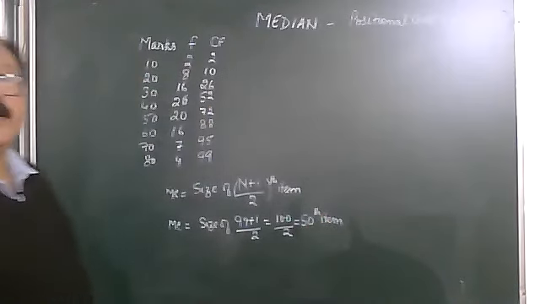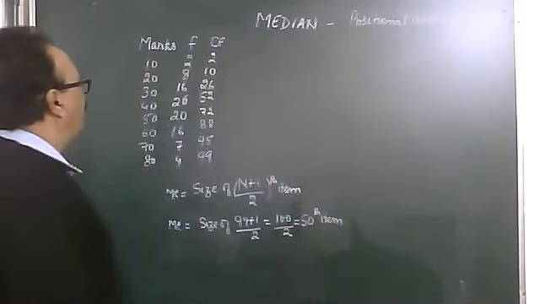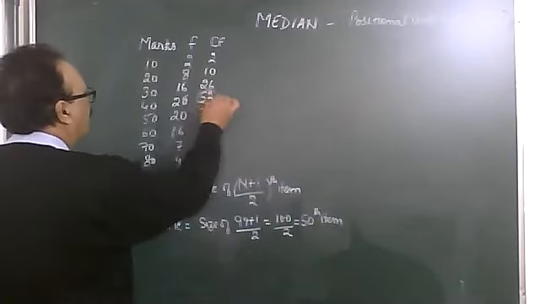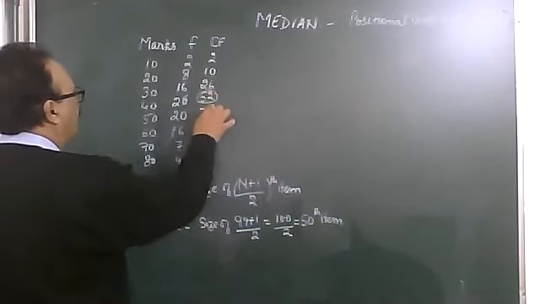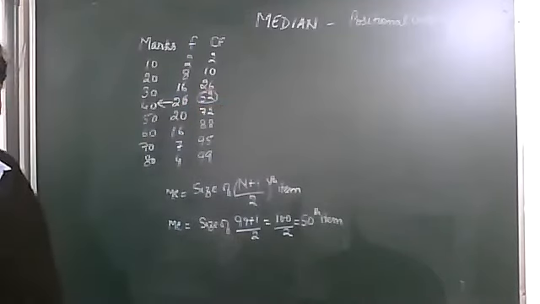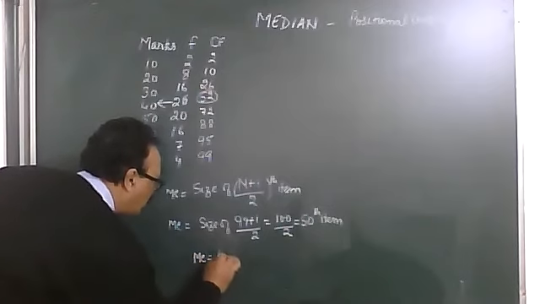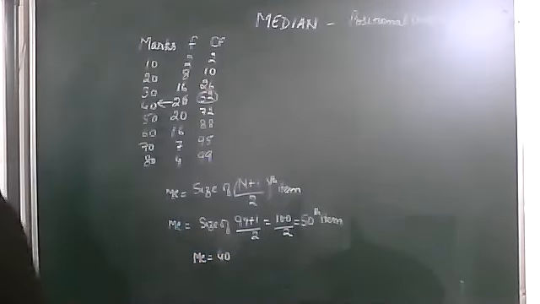Now the 50th item we will spot in our CF. The 50th item lies somewhere here, after 26 comes 52. It is pointing to 40. So median is equal to 40.